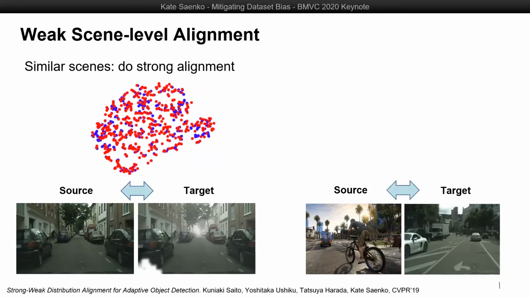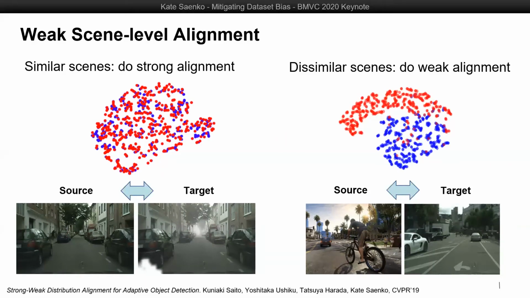So here it may make less sense to do strong alignment, because we could end up trying to align images close to each other in the feature space that have very different semantic scene layouts and different numbers of objects and different types of objects, so we would be losing information. So how can we still transfer knowledge from our source data set to the target in this case?